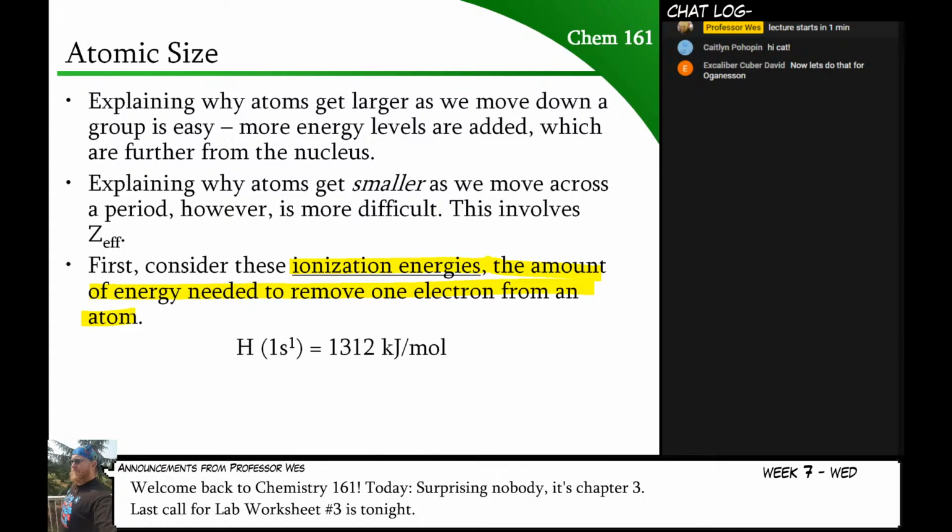If I were to have a mole of hydrogen and I wanted to take out all the electrons, I would need to put in 1,312 kilojoules per mole. What if I want to do that for helium, though? Holy crap, is it way harder to do that. It takes almost 4 times as much energy to do that.